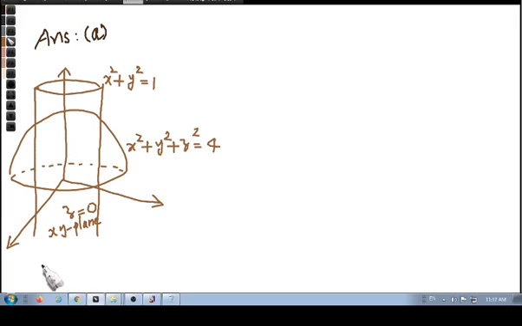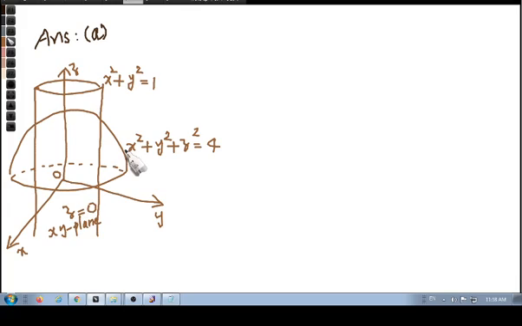First draw the xyz axis. So this is the x-axis, this is the y-axis, this is the z-axis, here is the origin O, and now you draw z equal to 0, that means the xy plane. So the region is bounded below by z equal to 0, the xy plane.